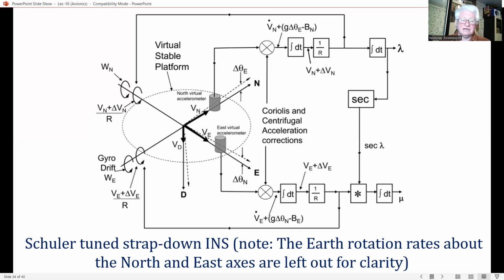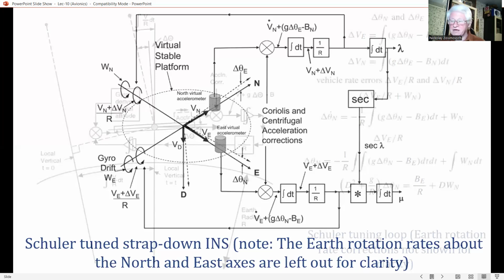This inertially derived vehicle rate feedback provides the Schuler pendulum characteristic. The local value of the Earth radius, R, is used together with the local value of the gravitational constant g to achieve accurate Schuler tuning. I hope you remember the Schuler period is 2 pi times the square root of R over g, right?